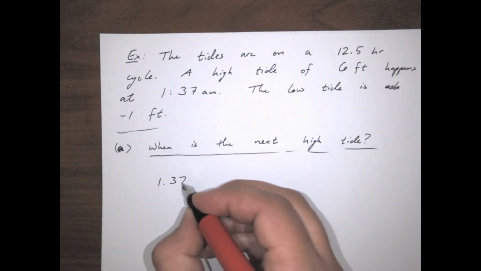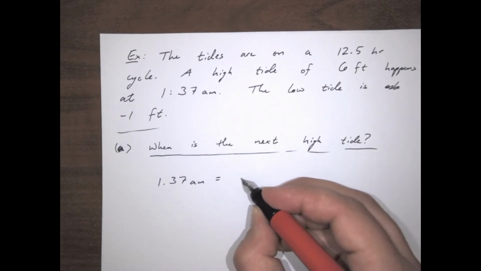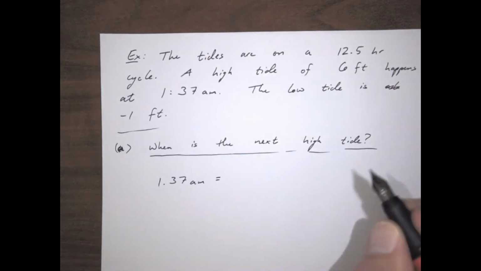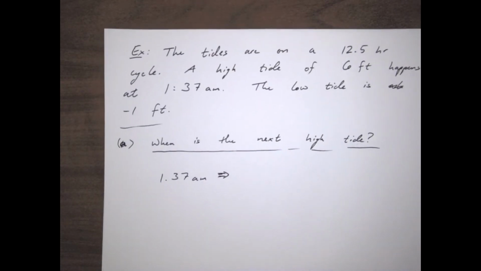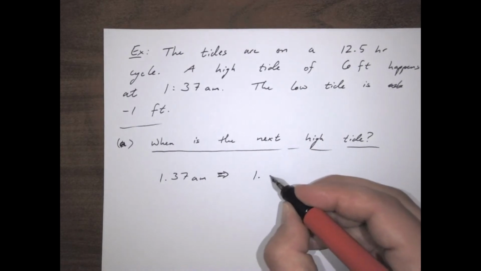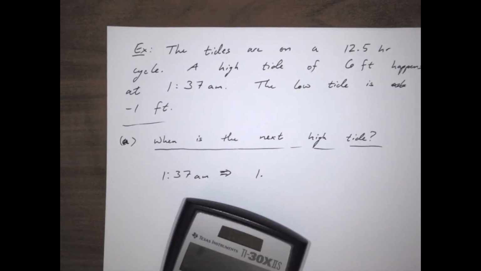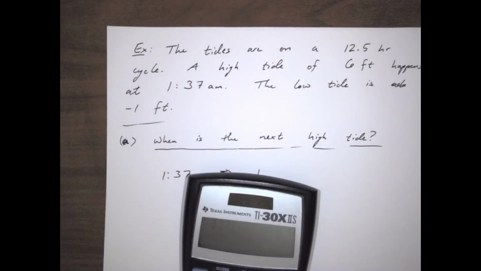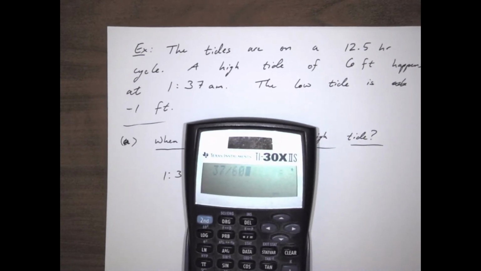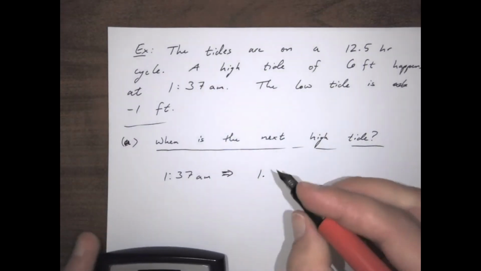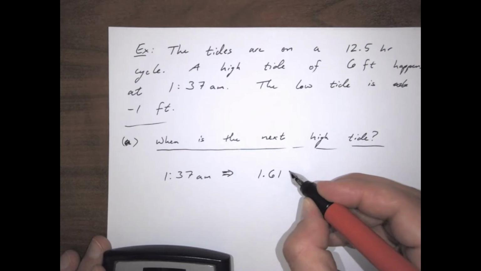So 1:37 AM. We'll just set the clock as midnight equals 0, and then here, 1:37, and you would figure this out the same way you would do it if it was minutes of degree. So 37 divided by 60, 1.6166666.